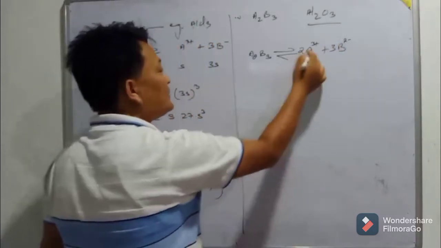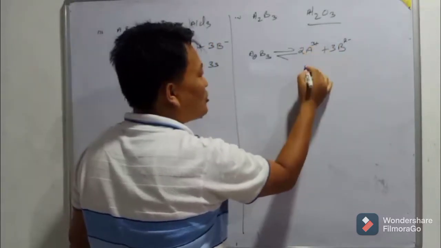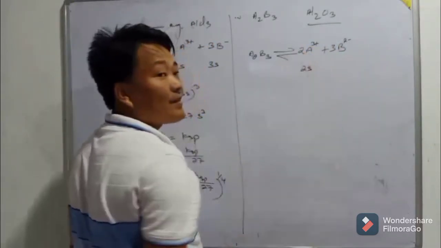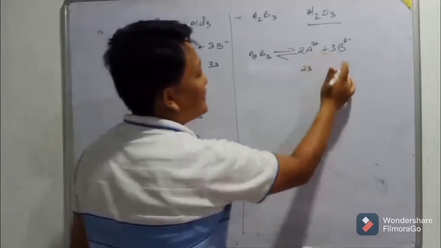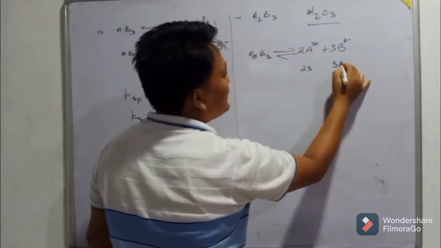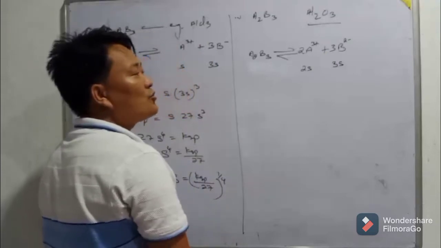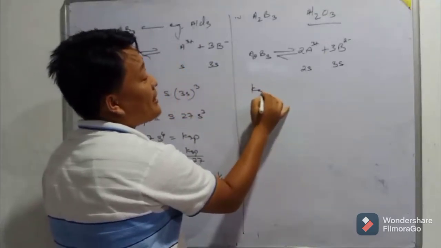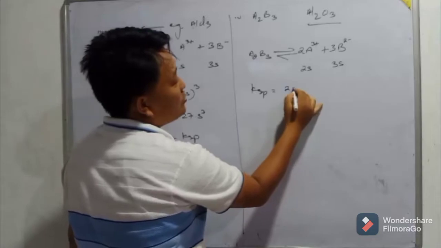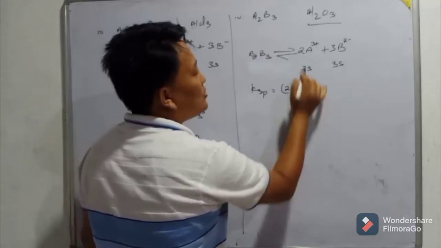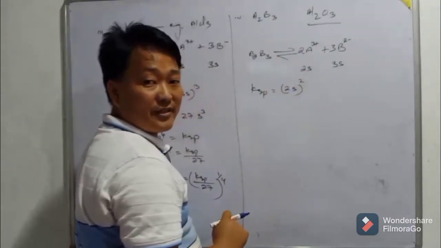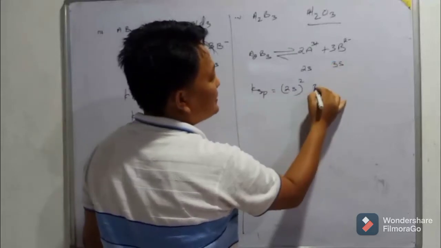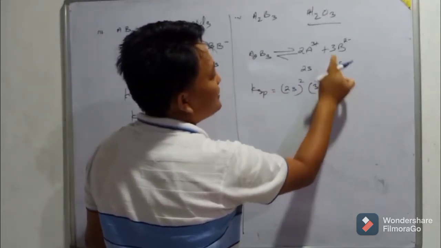And after this, the molar solubility here will be 2S, and here the molar solubility will be 3S. So 2S and 3S. Now your KSP will be how much? 2S, 2 times, the coefficient here, and 3S, 3 times.